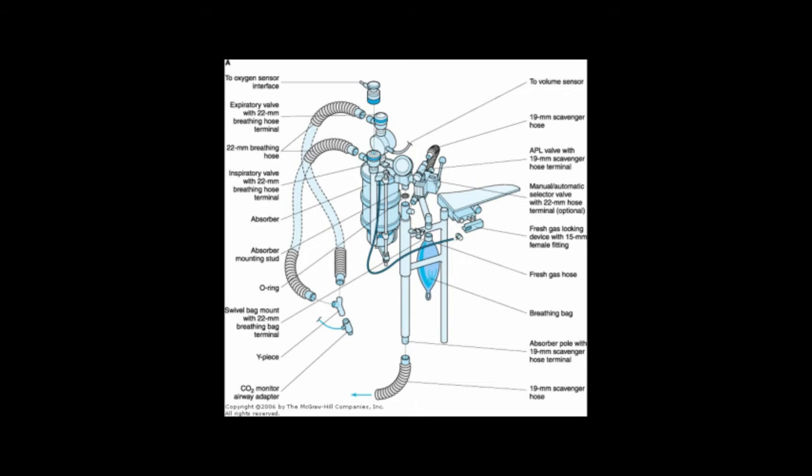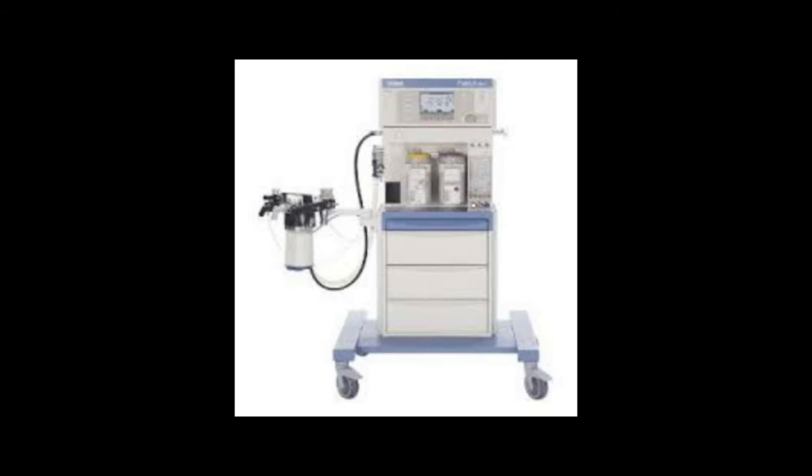Component 1: A, gas source; B, gas flow indicator or flow meter; C, vaporizer, which serves to evaporate volatile liquid anesthetic; D, oxygen flush control that can deliver pure O2 at 35 to 37 liters per minute without going through the gas flow meter in an emergency.